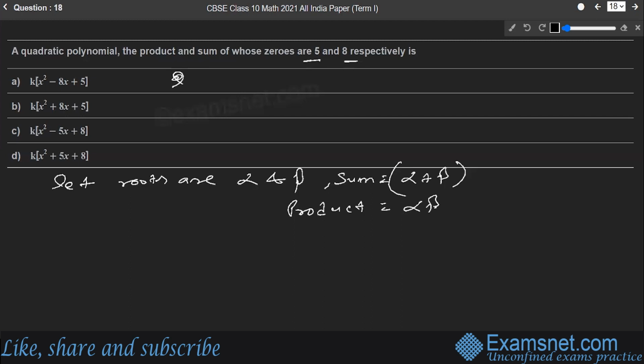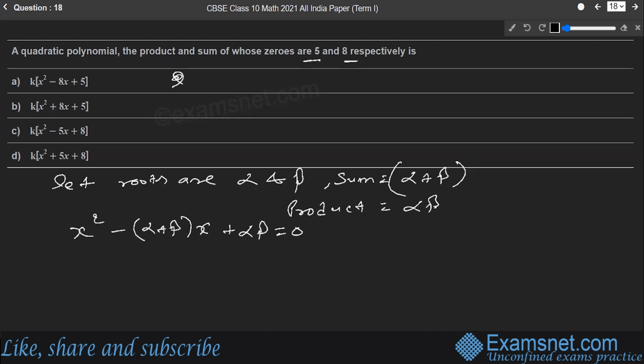We define the equation in terms of sum of roots and product of roots as x square minus (alpha plus beta) x plus alpha beta equal to 0. If we use this, we can easily find our equation and what polynomial it can be.